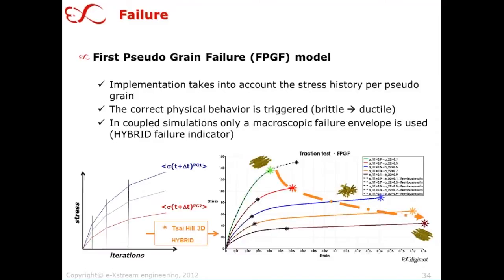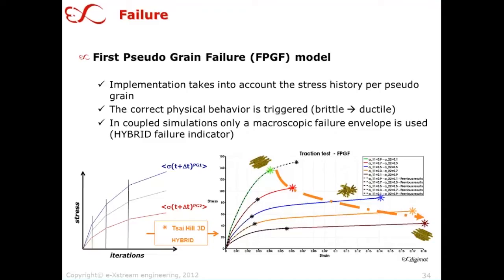If you do so, this means that you really take into account the stress history per pseudograin. And of course, if you think about all the possible orientations in three-dimensional space, this is a lot of information that we have to compute. If we do that for one representative volume element, so on one integration point, let's say on the material point itself, we can quite nicely show that we are able to reproduce the failure as it should be.